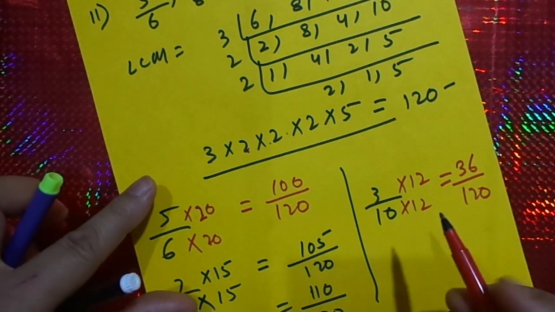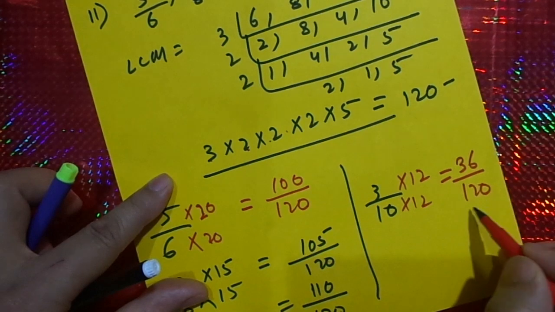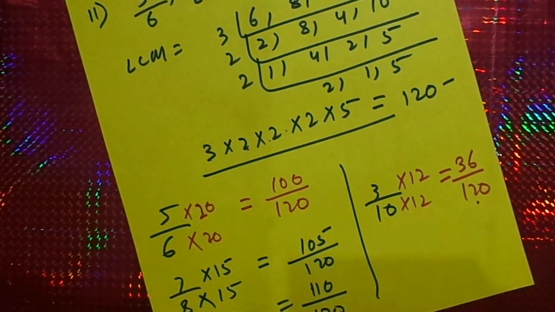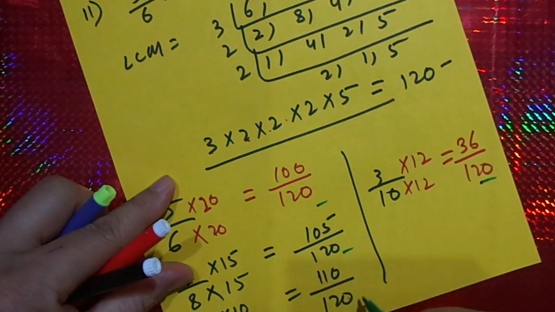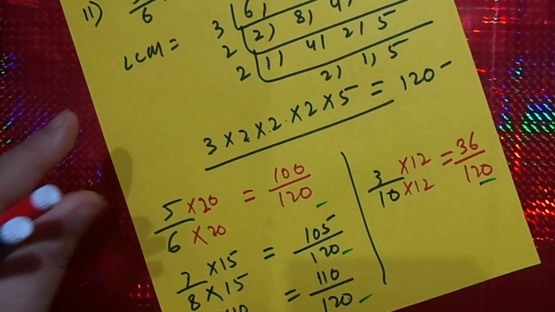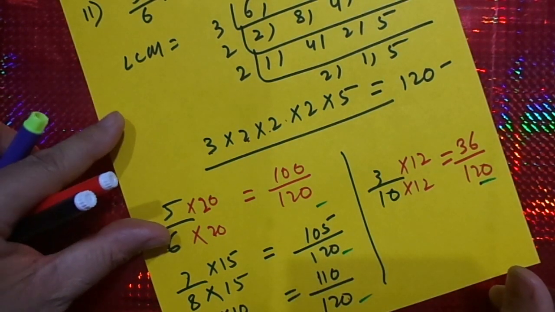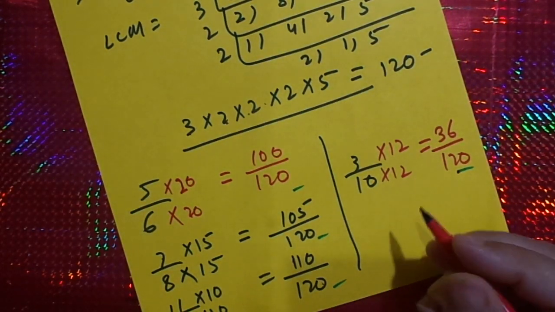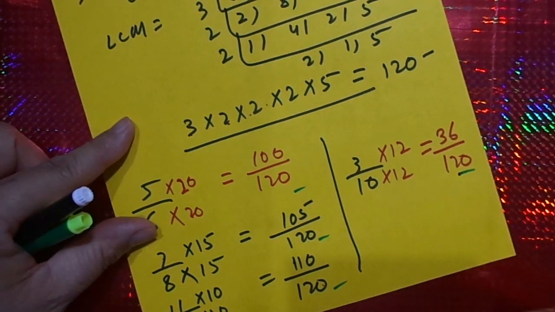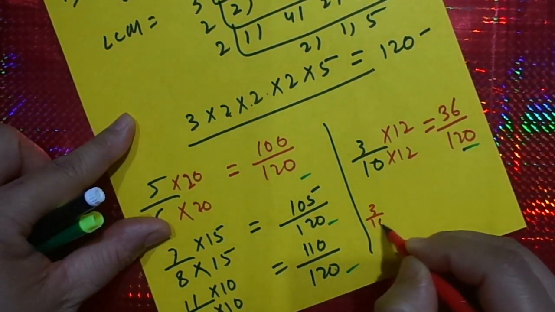So what do I find? I find that all of them have equal denominators, therefore you can easily judge which is bigger and which is smaller. How you can judge? Let's see. I find that the smallest is 3 by 10, that is 36.